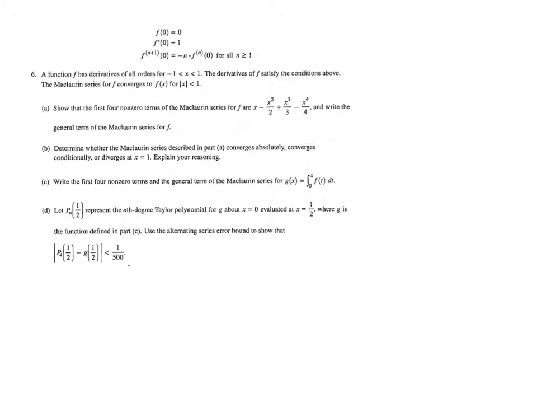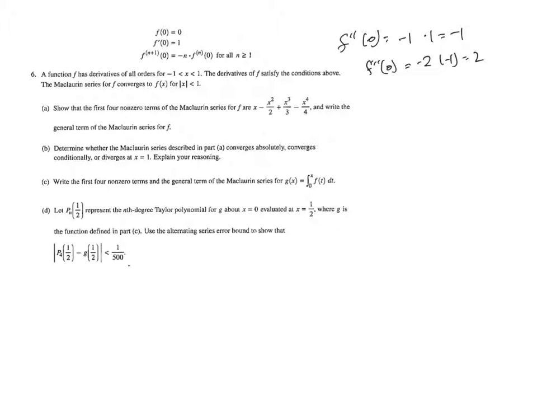So from this information, I can say that f double prime of 0 is going to be negative 1 times 1, which will be negative 1. And then f triple prime of 0 is going to be negative 2 times negative 1, which will be positive 2, etc. Okay? So use that. That's the idea with this particular definition that they gave you.